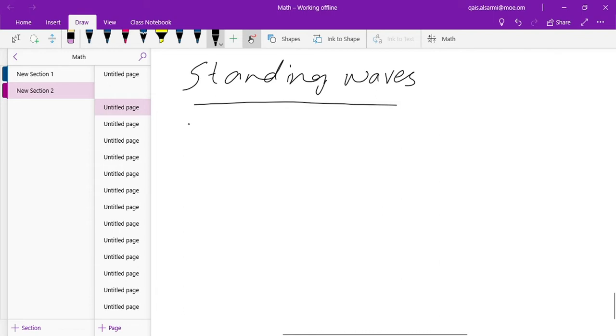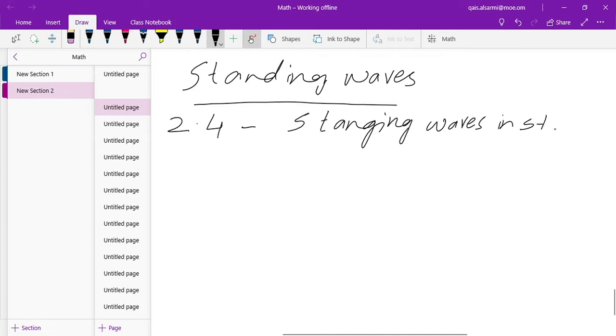If you look at your syllabus, 2.4 is related to standing waves in a string. So we are going to study only this topic related to standing waves in a string.